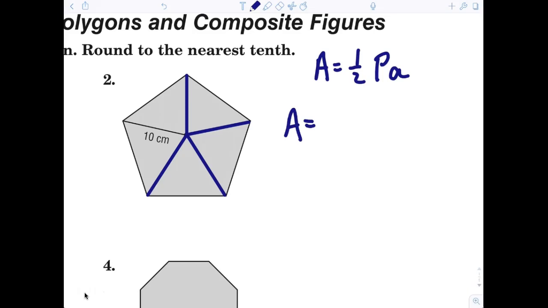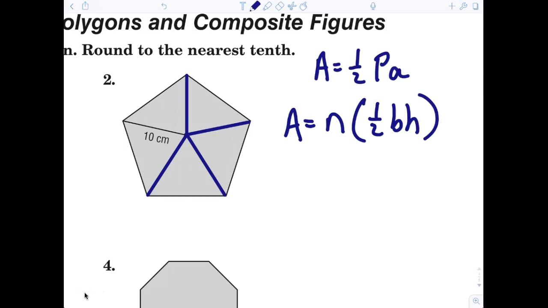Now, N represents the number of sides. So there will be how many triangles in a regular polygon? There will be N triangles, times 1/2 base times height.